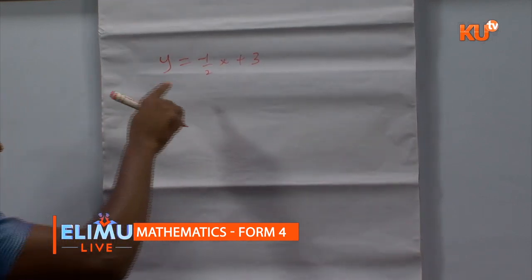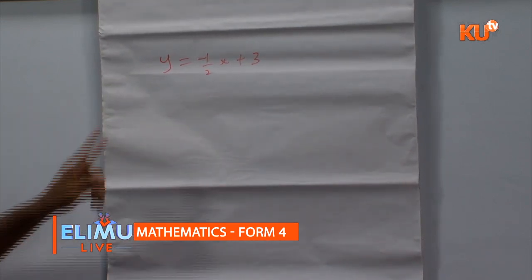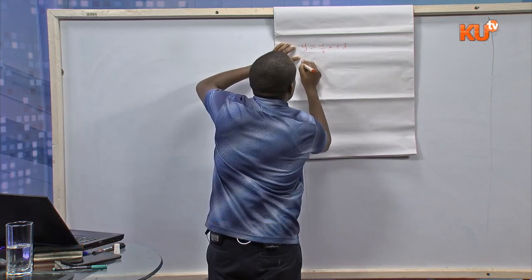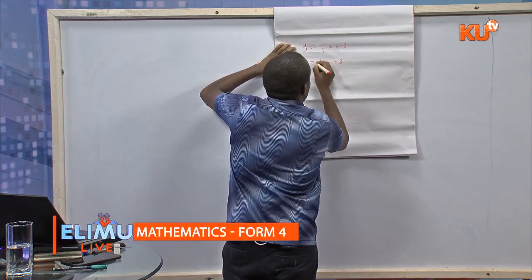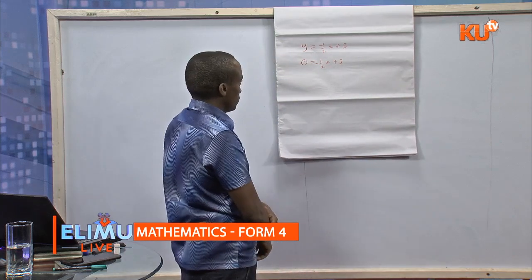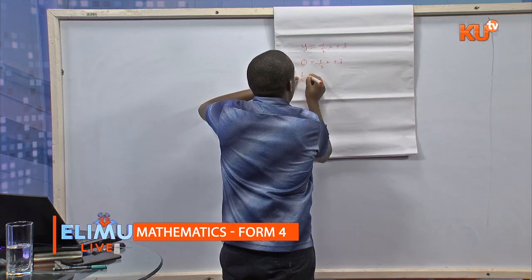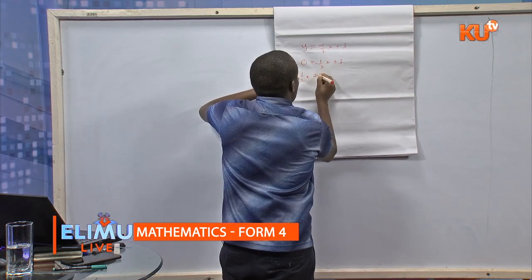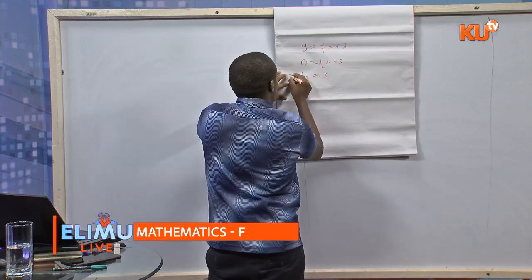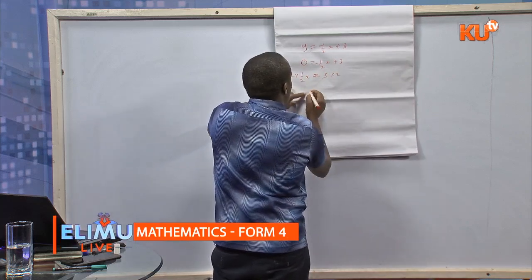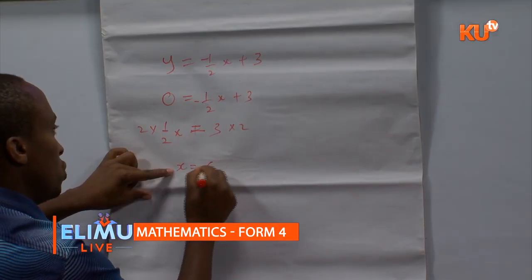So we find the x-intercept when y is equals to 0. When y is equals to 0, we just equate 0 is equals to negative half x plus 3. So you take this to the other side, this one will be half x is equals to 3. So cross multiply by 2. So the x-intercept of that line is equals to 6, 2 times 3.